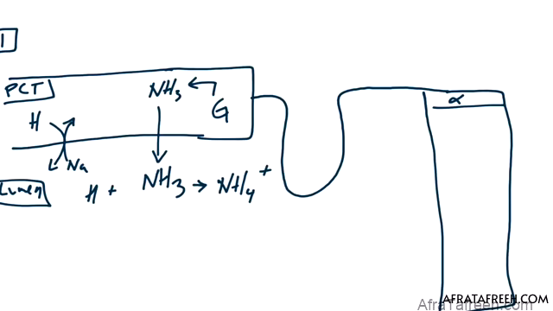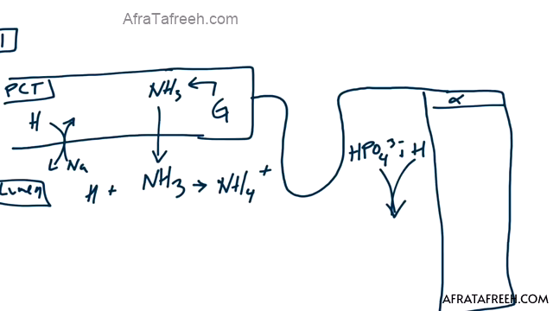Hydrogen phosphate is a byproduct of metabolism and is freely filtered by the glomerulus. Once in the lumen of the nephron, it can also bind free hydrogen ions. So hydrogen phosphate gets converted to dihydrogen phosphate.